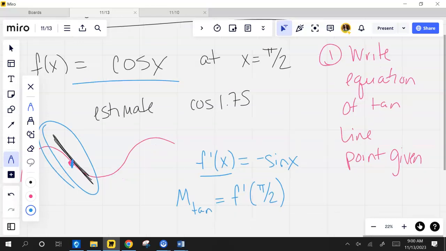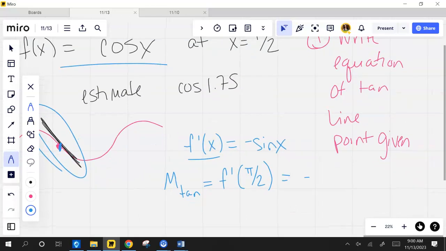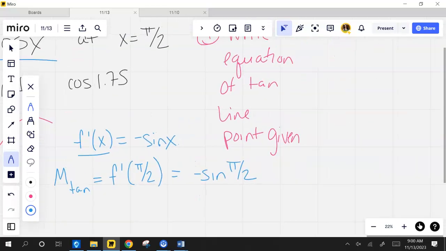Agree? Which is negative sine pi over 2. What's the sine of pi over 2? It's 1, so it would be negative 1.